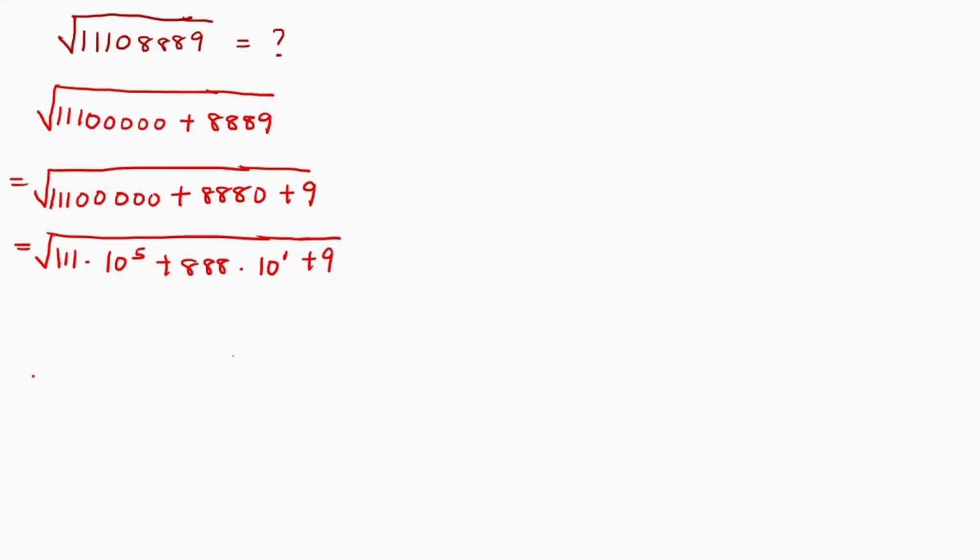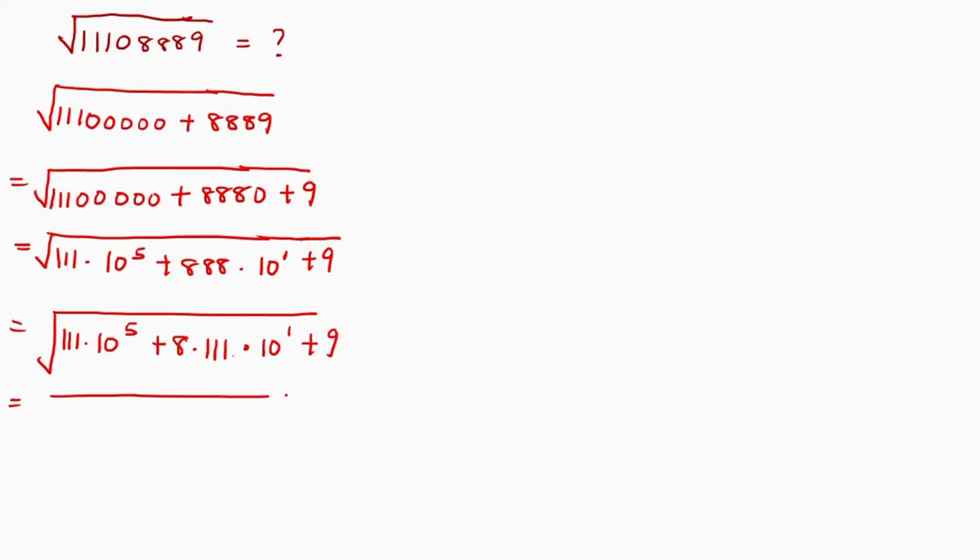Okay, once we write it, the next thing we want to do is to express this in this format. So we take the square root of 111 multiplied by 10 raised to the power of 5, plus 8 multiplied by 111 multiplied by 10 raised to the power of 1, plus 9.